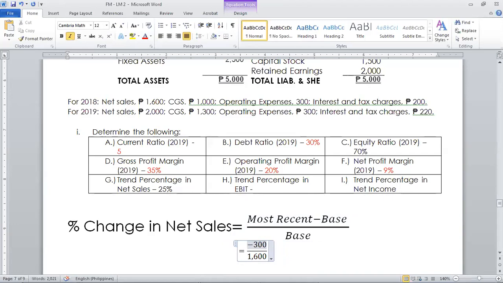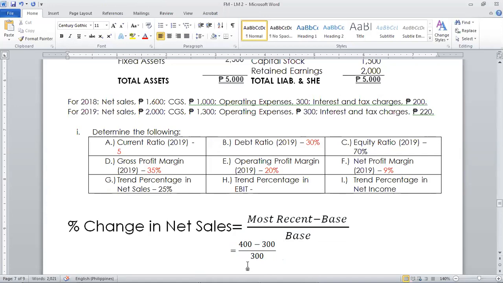For the most recent, it will be 2,000 minus the cost of goods sold of 1,300, minus the 300 operating expense, so it will be 400. 400 divided by the base of 300. Then how much will it be?